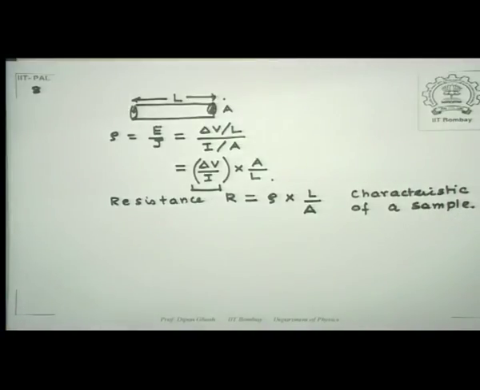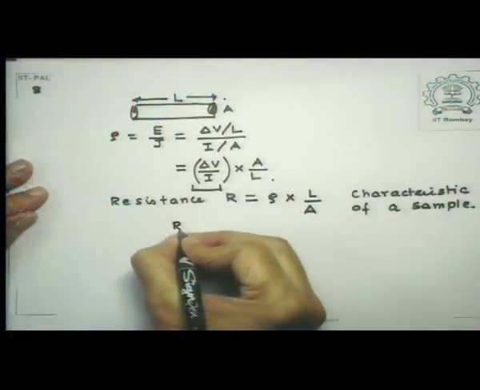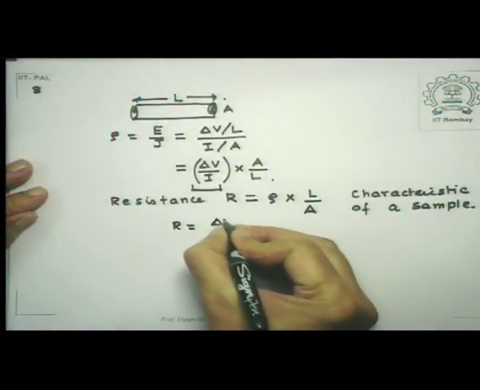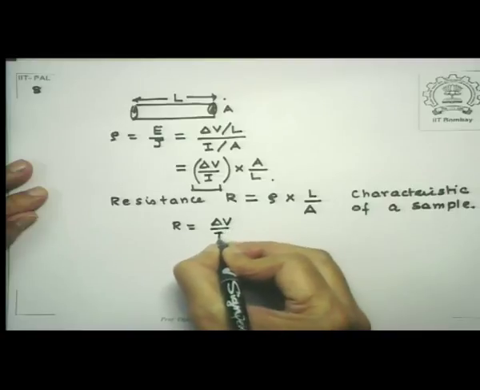So, you notice that resistance of a sample is directly proportional to its length and is inversely proportional to its cross sectional area. And this R, which we have defined as the applied potential difference divided by the current.